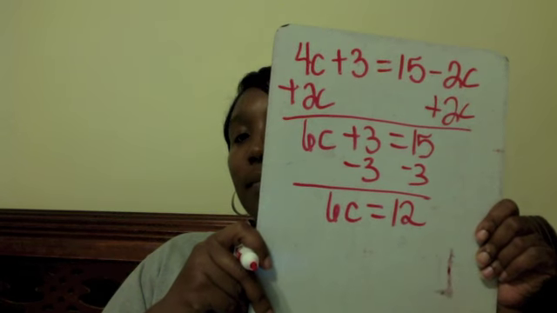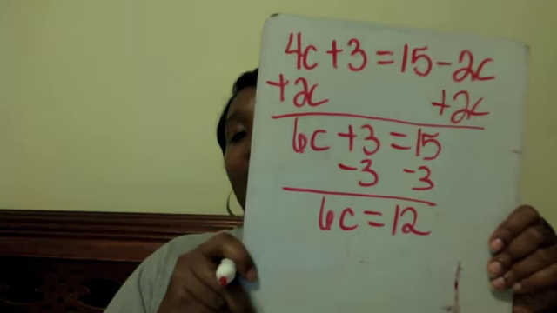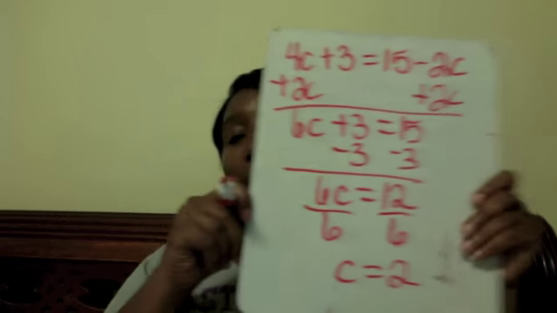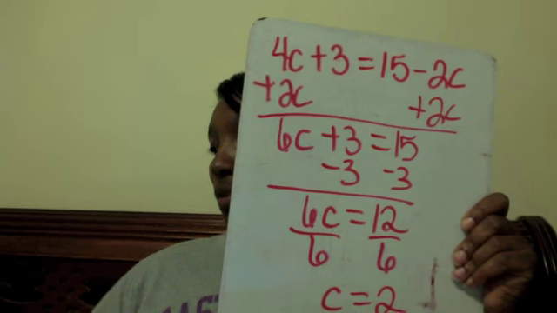All right. And then divide by 6, both sides. So c is a positive 2.